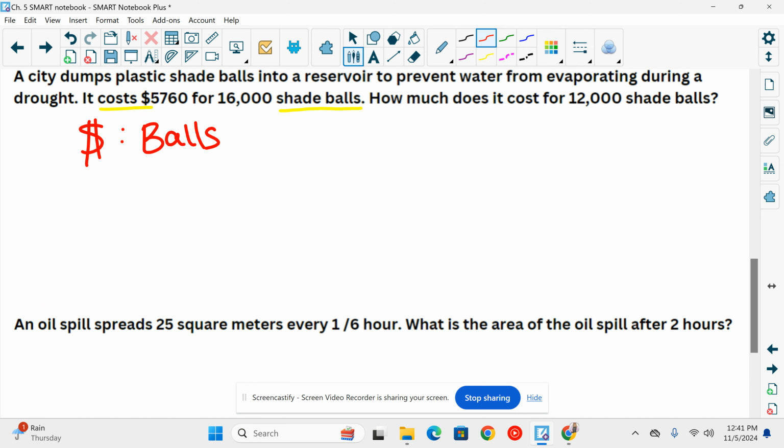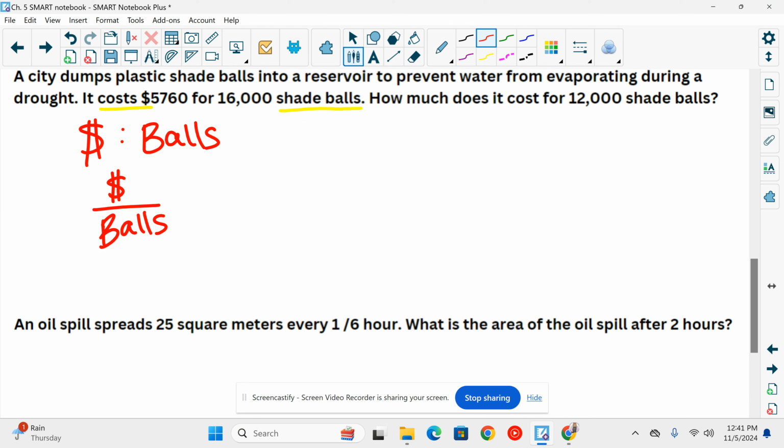To find the values, we got to have fractions. So how can I turn money to balls into a fraction? What's going to go in the numerator? We're talking about the labels for a second, not the numbers. What label is going to go in the numerator? Money. And balls is going to go in the denominator.